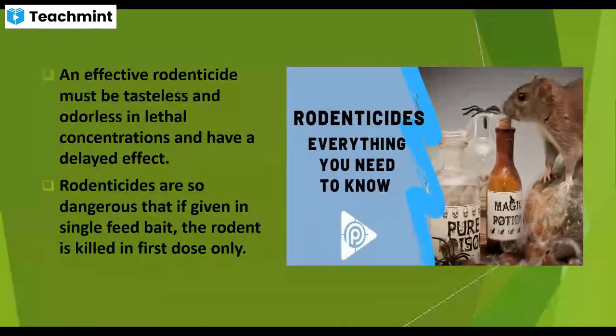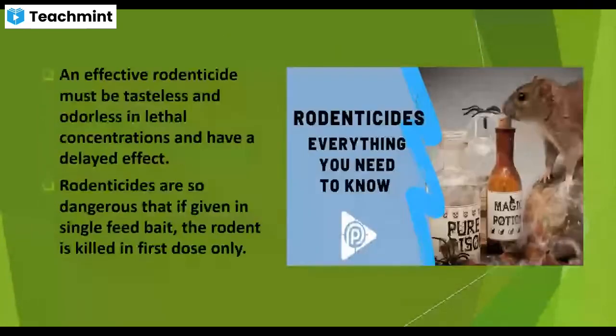Rodenticides are so dangerous that if given in a single feed bite, the rodent is killed in the first dose only. Here you can say that they can smell and they can eat slowly. They take a taste of that particular pesticide. If they are feeling good, then they will eat more, but if they are getting sick or not feeling good, they won't eat that particular pesticide.